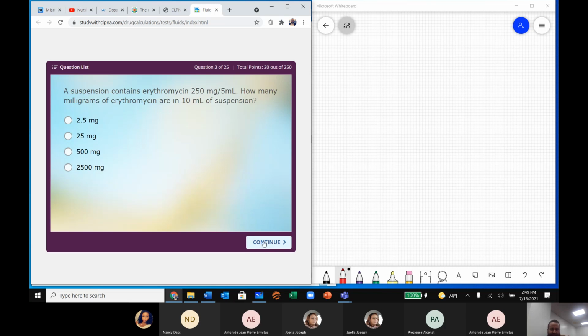Go ahead. A suspension contains erythromycin 250 milligrams per 5 ml. How many milligrams of erythromycin are in 10 ml?